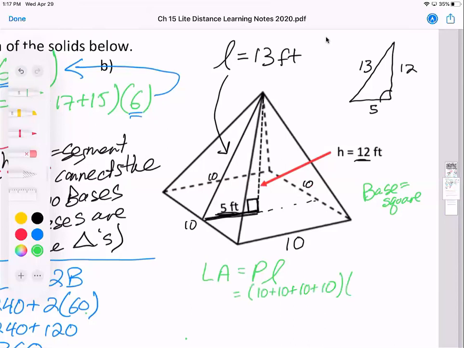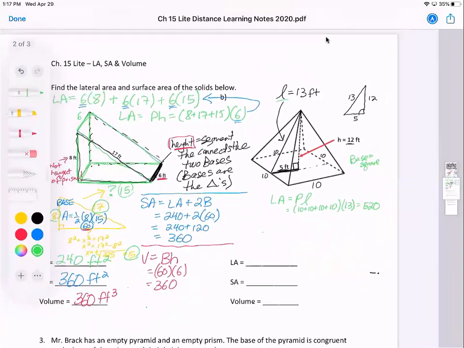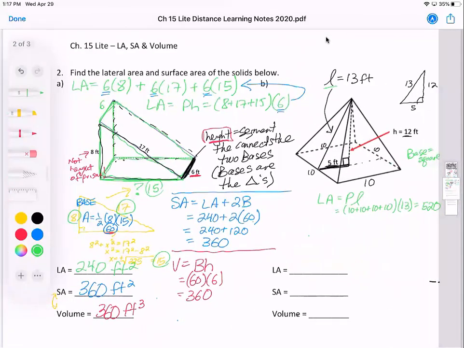And the slant height is 13. So that would be 40 times 13, which is 520. That would be the lateral area. That's square feet.